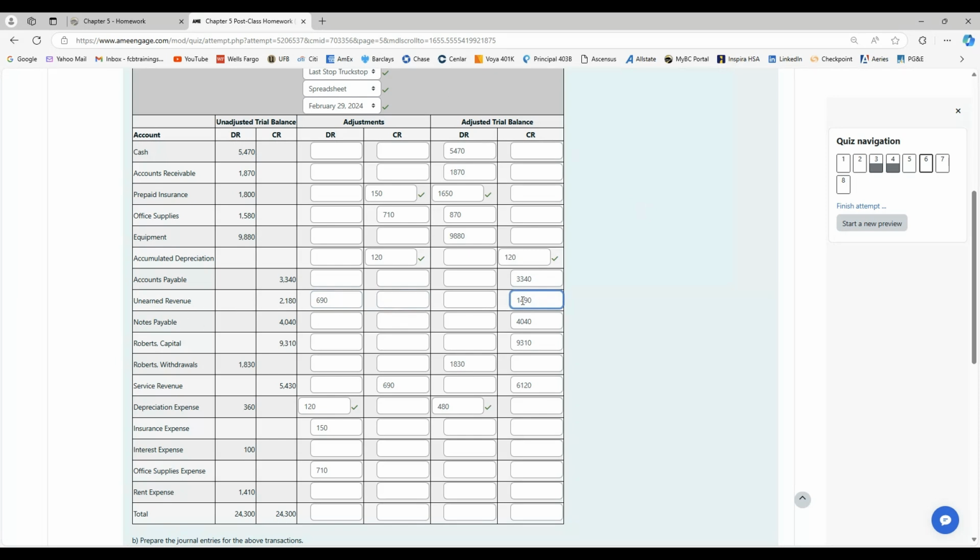Credit minus the debit leaves us with the credit balance of that. 50, 100, 710, 1410. Okay, and now let's go add up all of our debits and credits. 690, 120, 150, and 710 gets us, I got 1670.